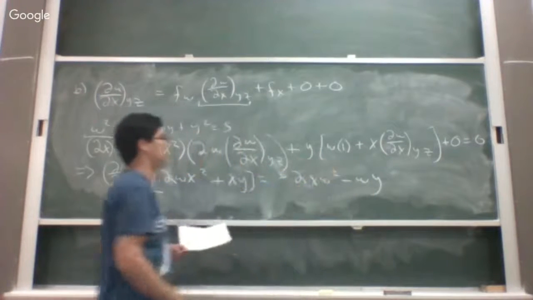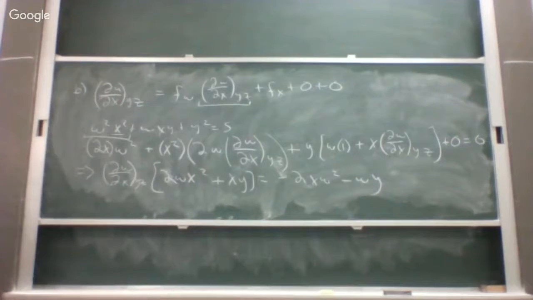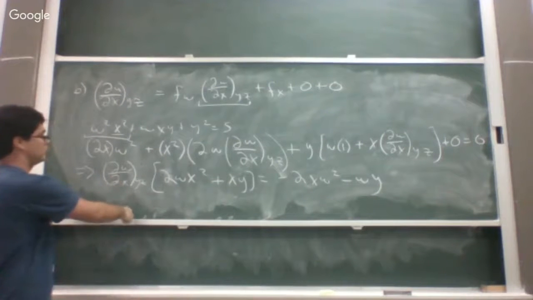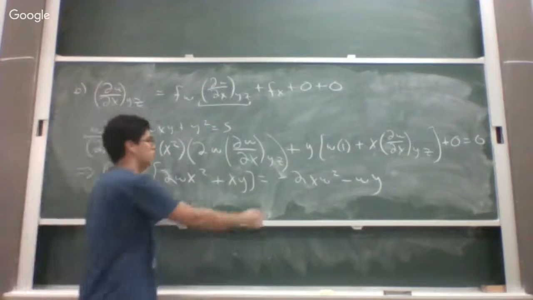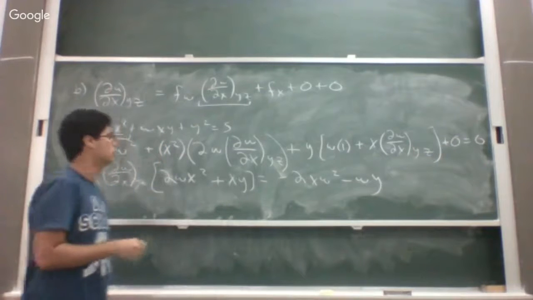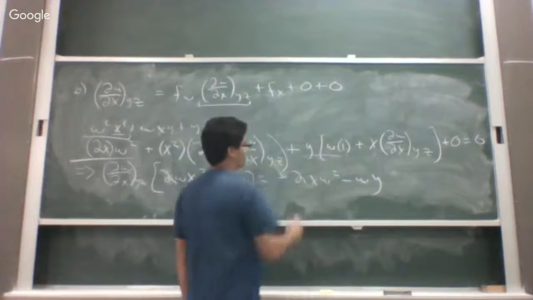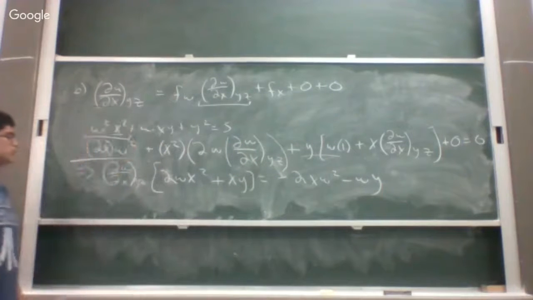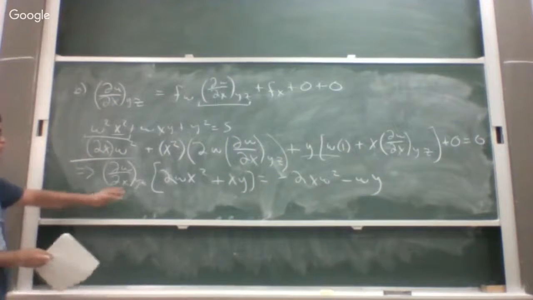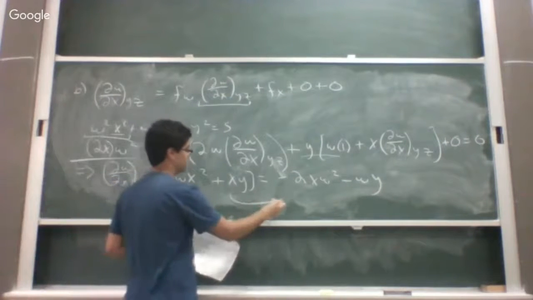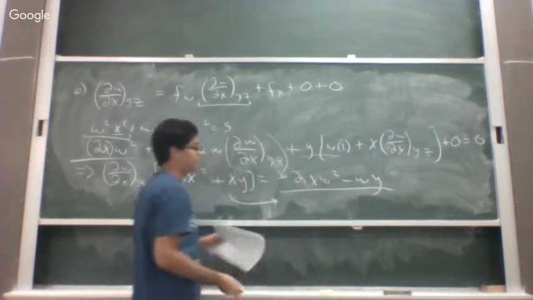We brought them to the other side. So on this side, we took out w prime essentially, and then on this side, we brought everything without it to that side. So that included this term and these two. And to find this now, we just divide it so that it should be under there.